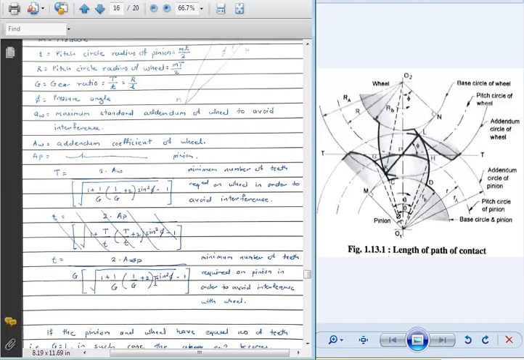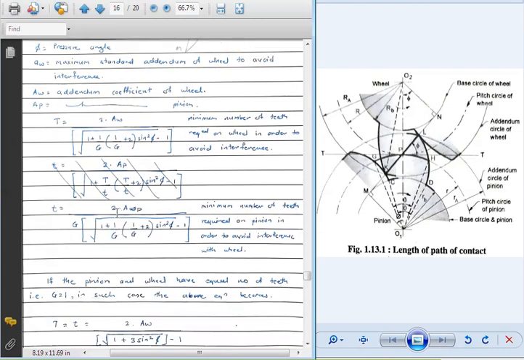Similarly, the same formula applies for small t, with a little change: 2 into AP, the addendum coefficient of the pinion, upon 1 upon G in bracket under root of 1 plus 1 upon G in bracket 1 upon G plus 2 sine square phi, minus 1. This is the minimum number of teeth required on the pinion in order to avoid the interference with the wheel.